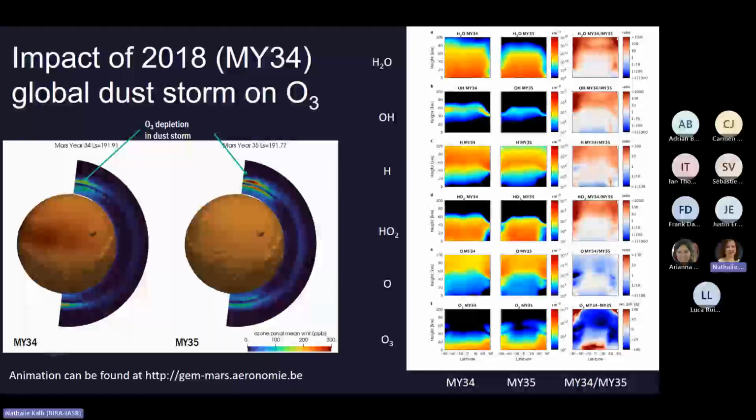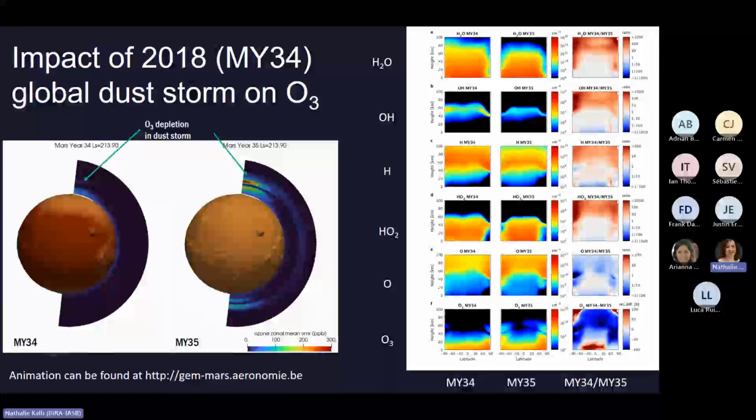What's cool about models is that in observations, you observe water vapor and you observe ozone, but you can't observe the stuff in between. So models give you that process. You can follow the trail basically. When you have two endpoints, you've got lots of water vapor in the upper atmosphere.